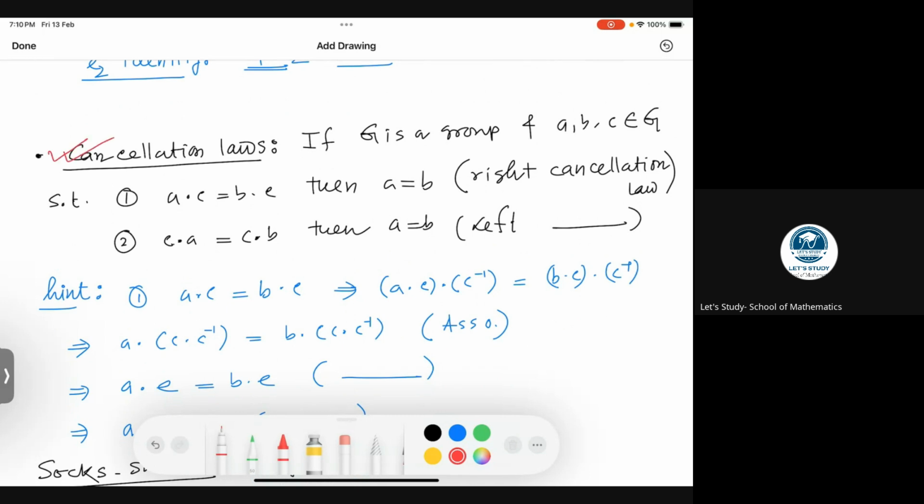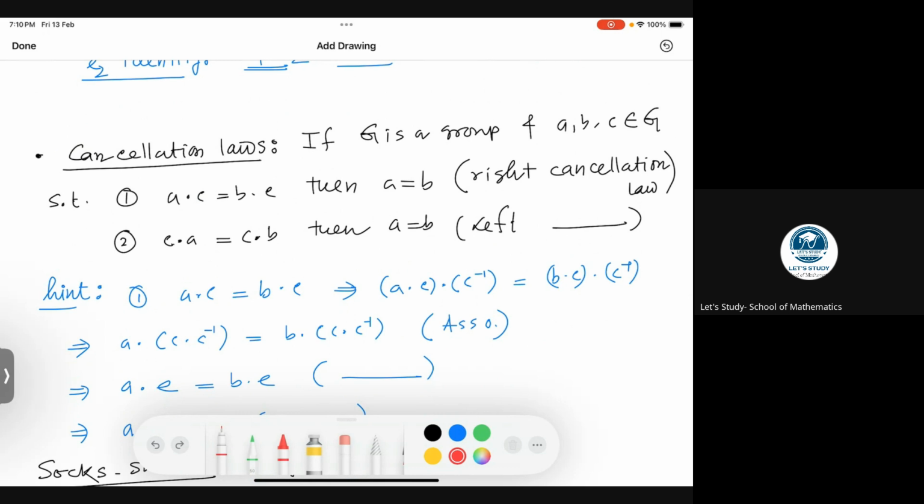Now, cancellation law holds in a group. What is the meaning of cancellation law? See this equation. So you can cancel C like this, but how?